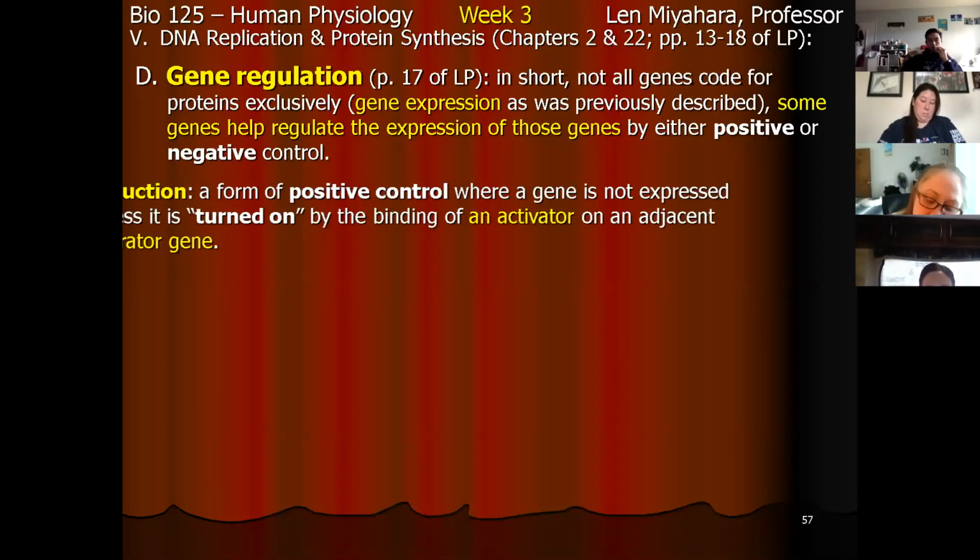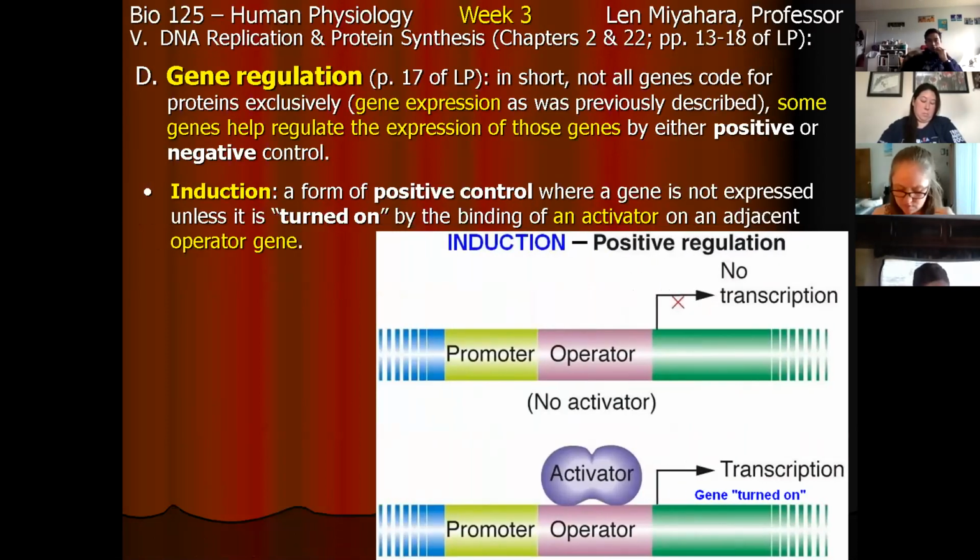All right, last topic for today is gene regulation. And this will be pretty quick. This topic is discussed on page 17. On page 16, there is a picture on the top half of page 16 on transcription.